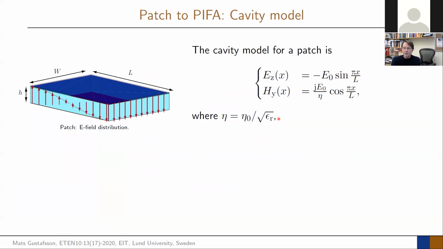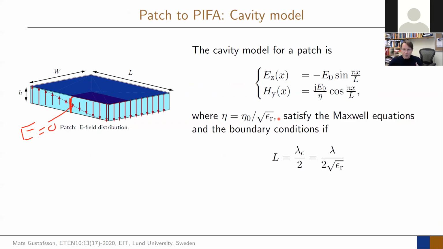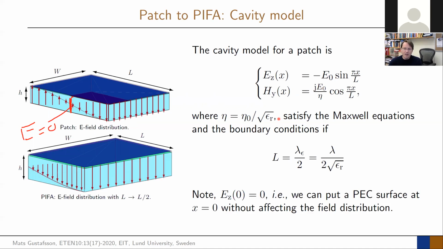So if we look at it, we have our cavity model, the model of the cavity. And as I just said before, in the center of it here, the electric field is 0. So there the electric field is 0. And if we then put a metal wall there instead, we can actually just remove half of it. So the patch is half a wavelength in the substrate, and then we just throw half of it away.